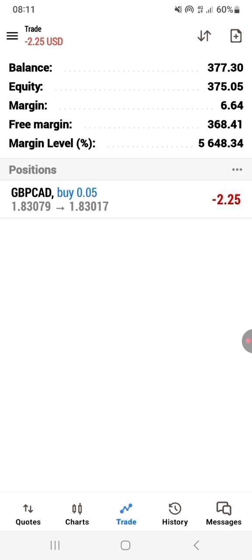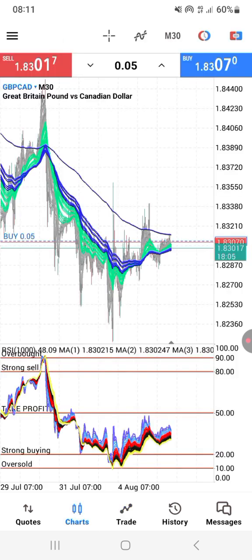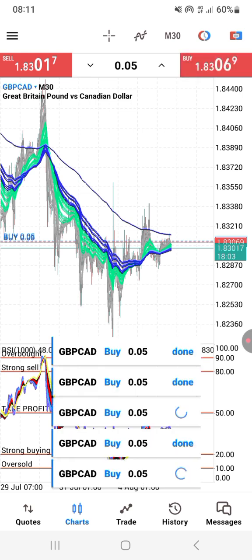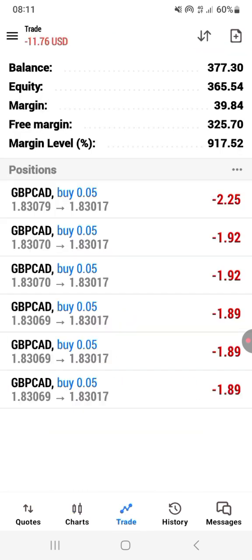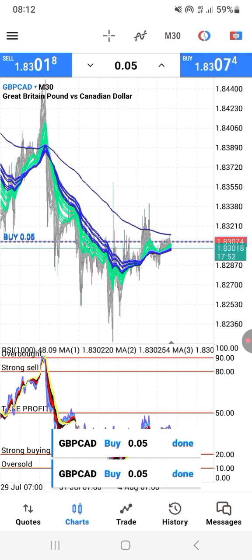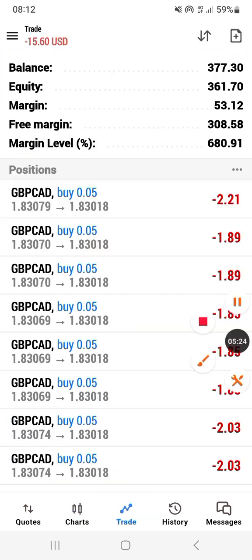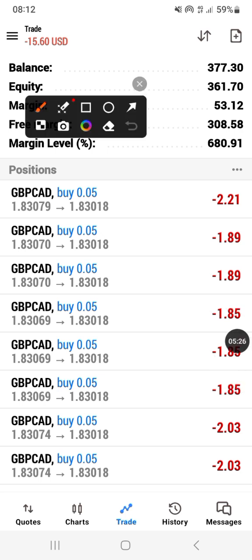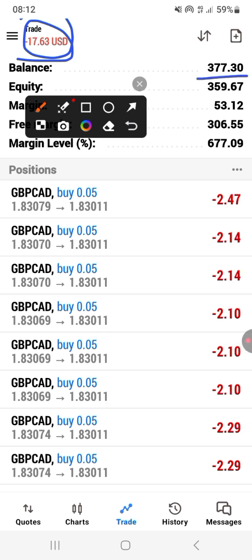I can keep this lot size and open a few more positions. This is 6 positions. I'm going to make 8 positions, so once you start with minus 15, it's not a big deal because it's not yet even 10% of the account, so this is still stable trades.